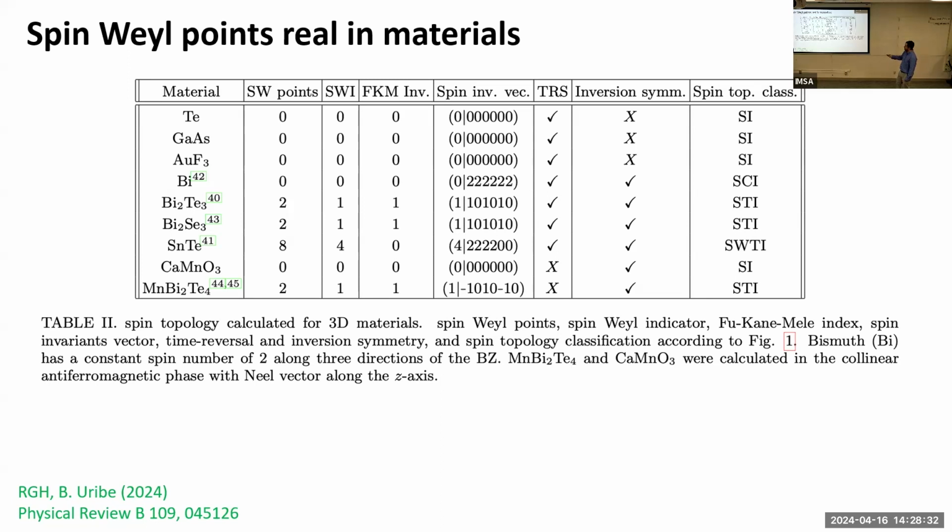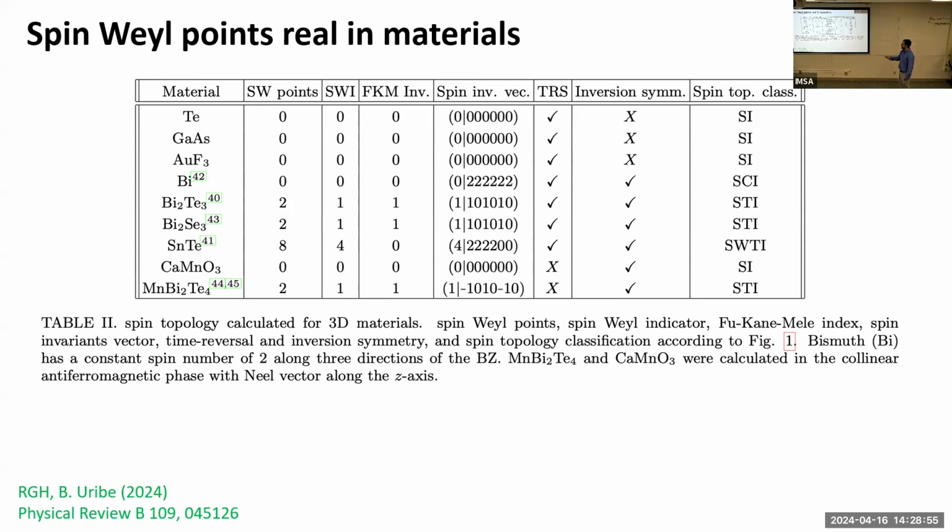This material, for example, has 4 spin by points, and this is the Chern number of different layers. So this is our strong topological insulator. We call this spin by topological insulator because we can't name this invariant, but we have spin by points in the spin spectrum.